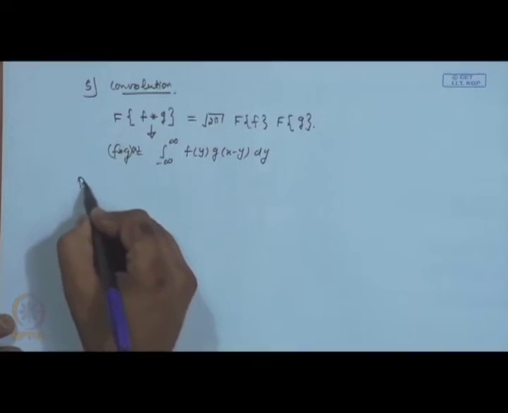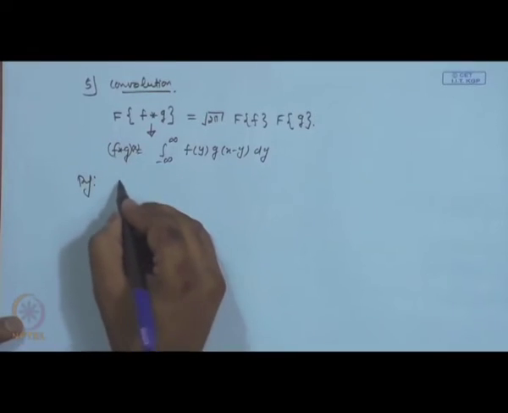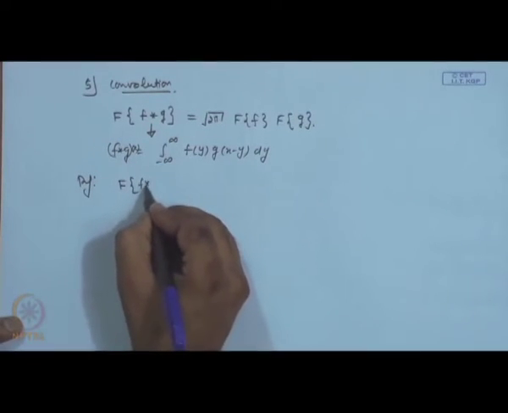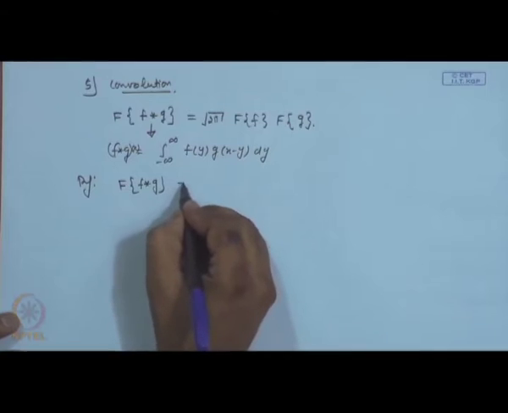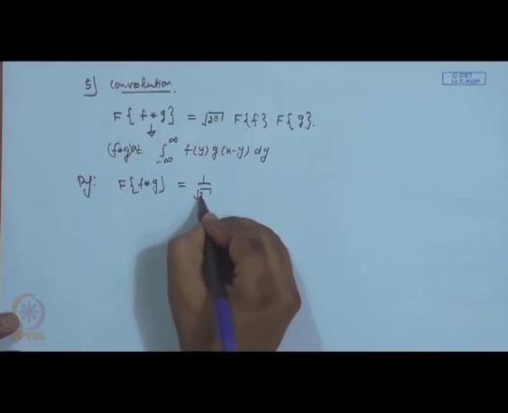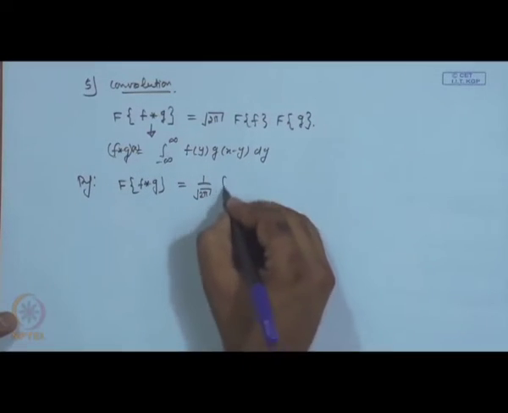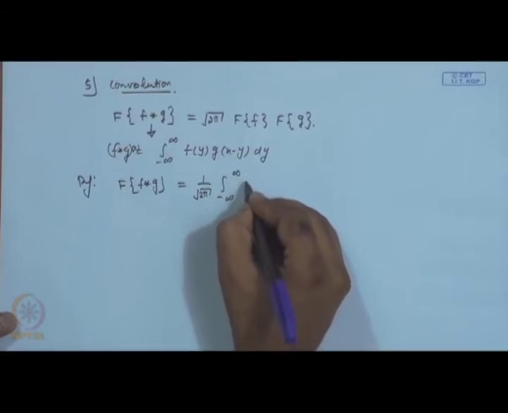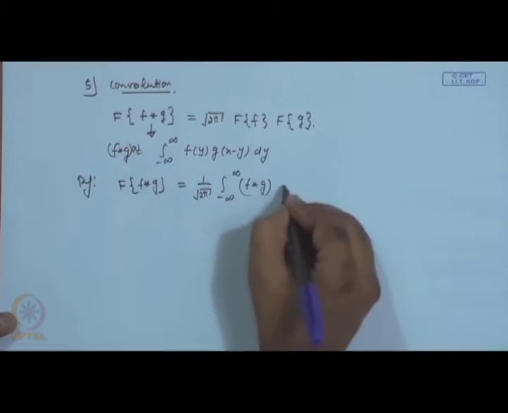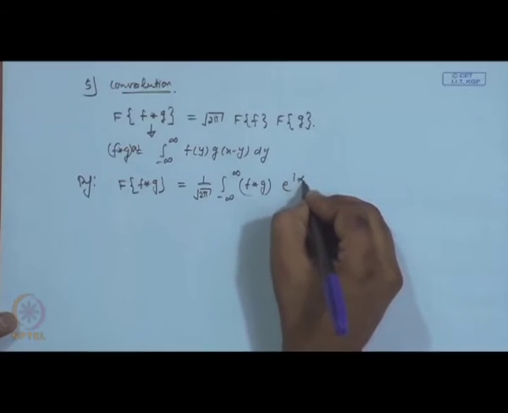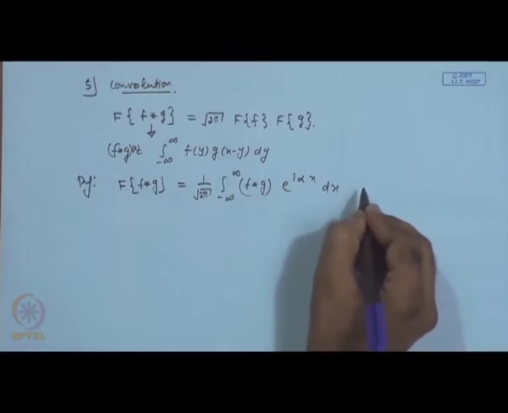Now we go for the proof of this. The Fourier transform of f star g, by the definition, is 1 over square root 2 pi, integral from minus infinity to plus infinity of (f star g)(x) e^{i alpha x} dx.